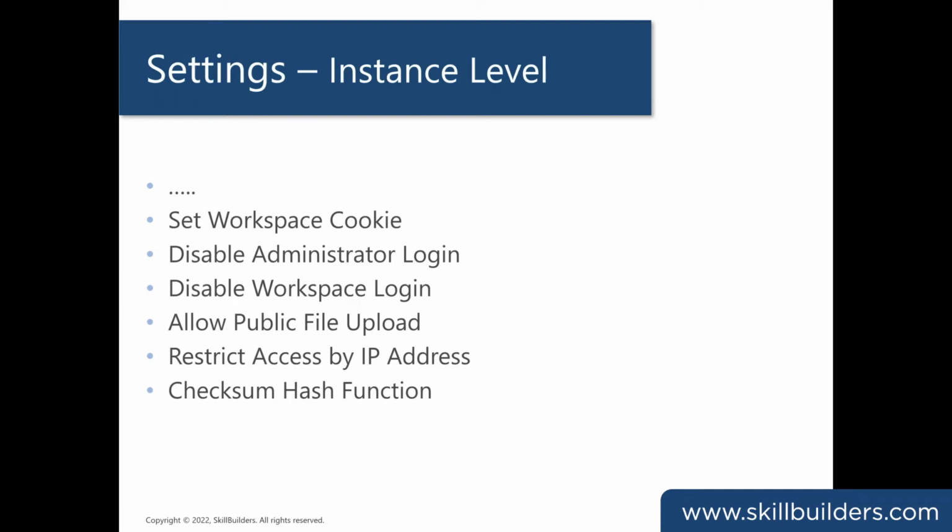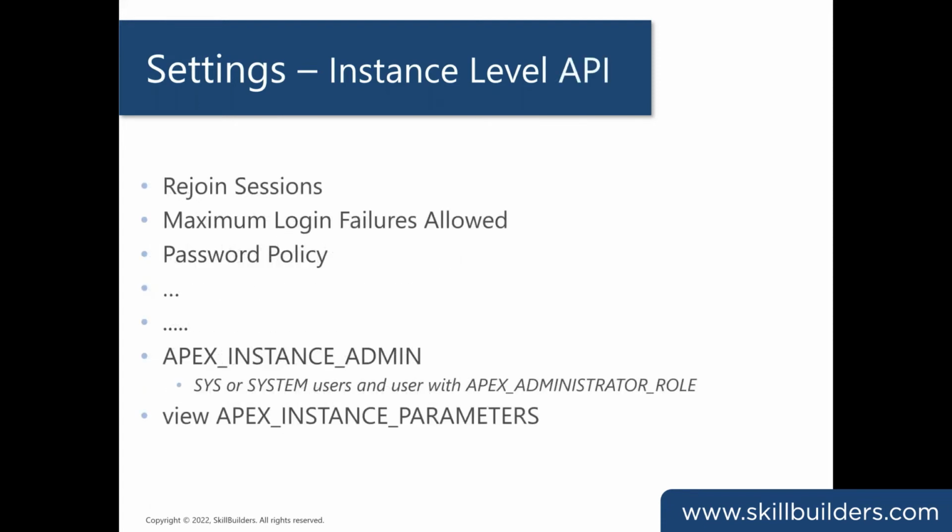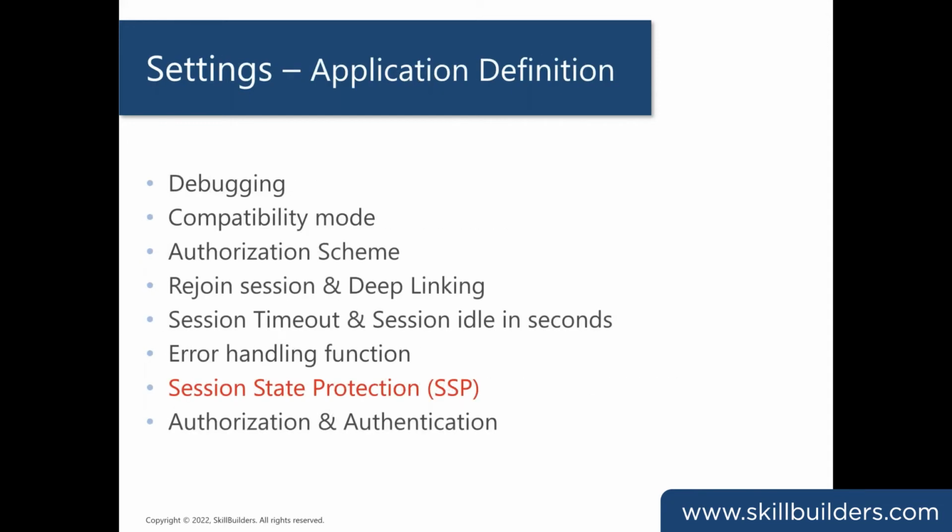It's irrelevant; I just want you to know there are roughly 100 of these settings. There's a view and there's an API. The Apex view where everything currently set is listed is apex_instance_parameters. The other one, which has get and set methods, is apex_instance_admin. You need special privileges to run that, of course, otherwise everyone could be messing around with your settings, which you don't necessarily want.